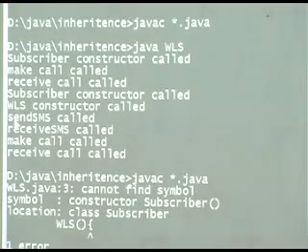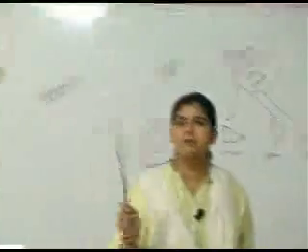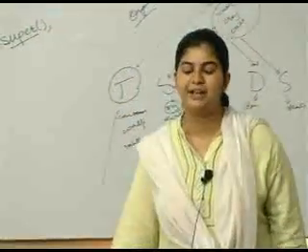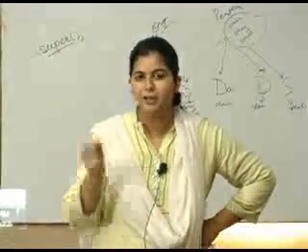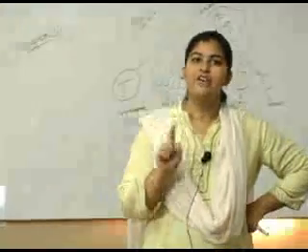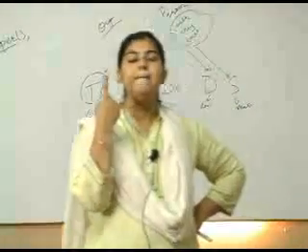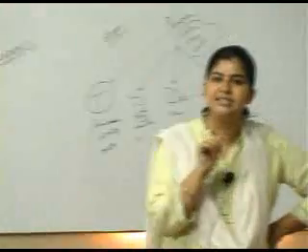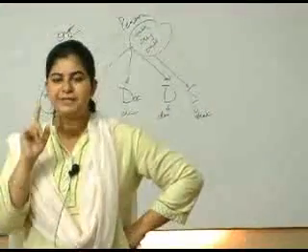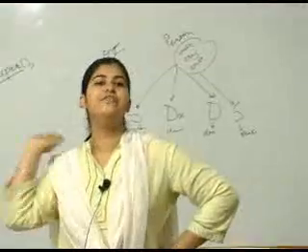What does super mean? Super is telling the wireless subscriber class, see boss, in order that you want me to run your constructor, first of all you should call your base class constructor. Who is the base class of your wireless? Subscriber. Subscriber constructor should be invoked first.